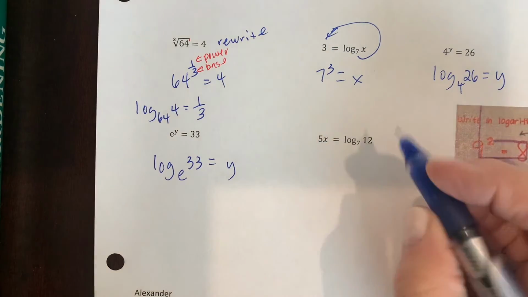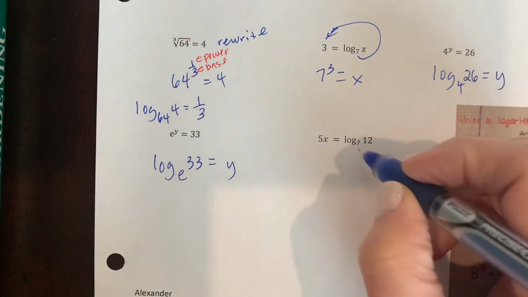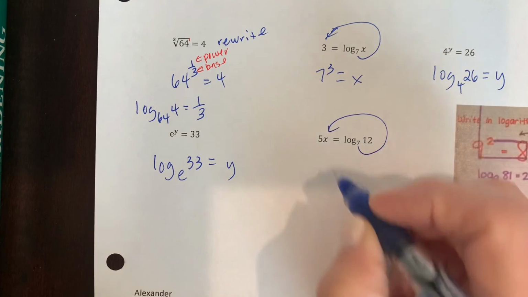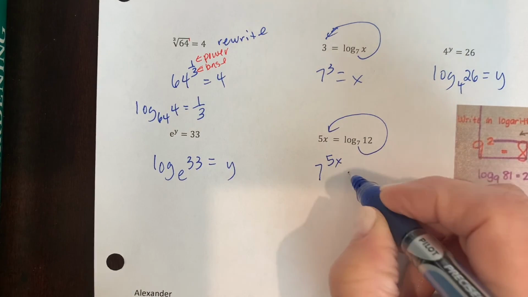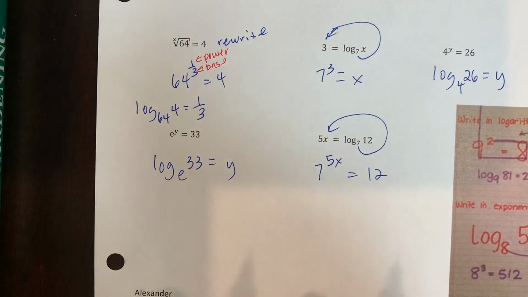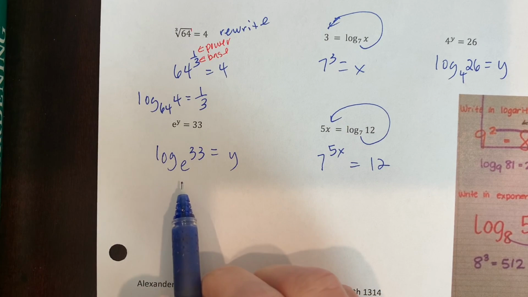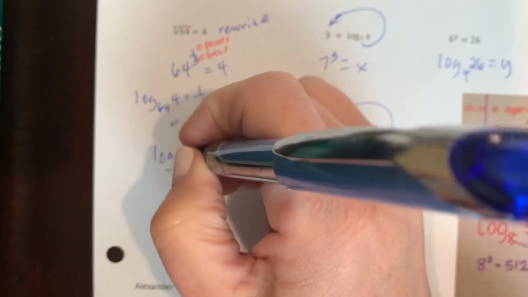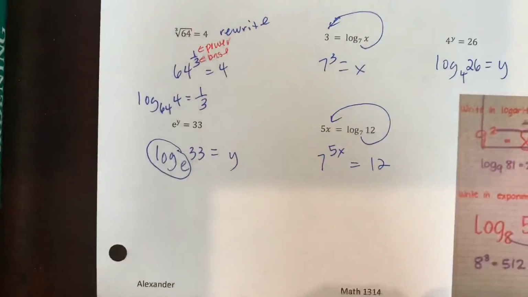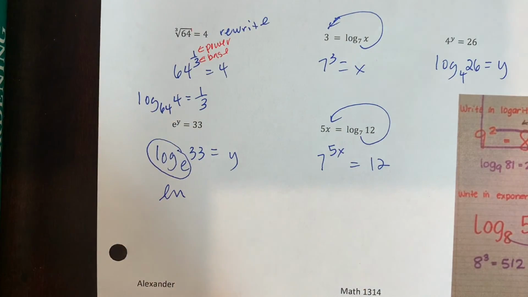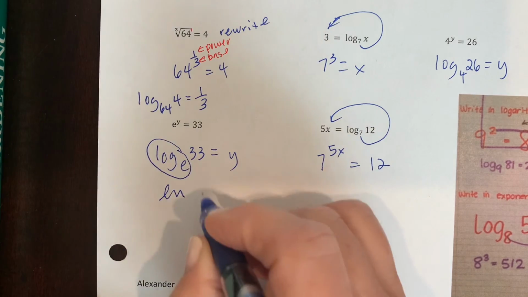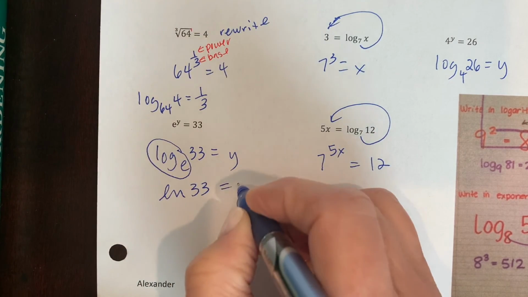Then this next one, 7 raised to the 5x equals 12. And whenever you have log and e together, that actually is ln. So ln of 33 equals y.